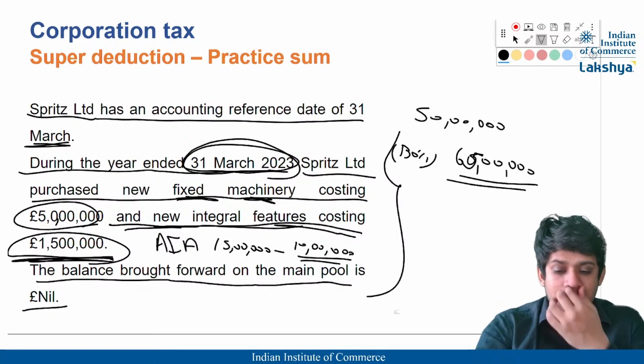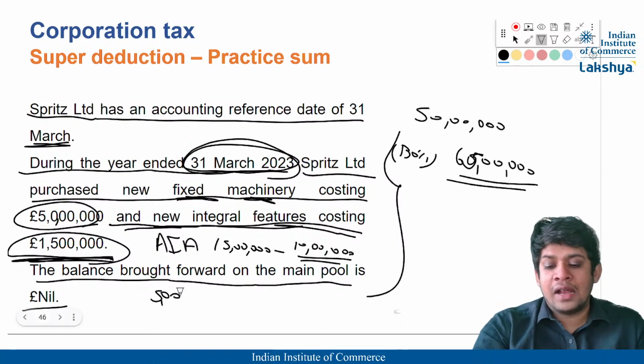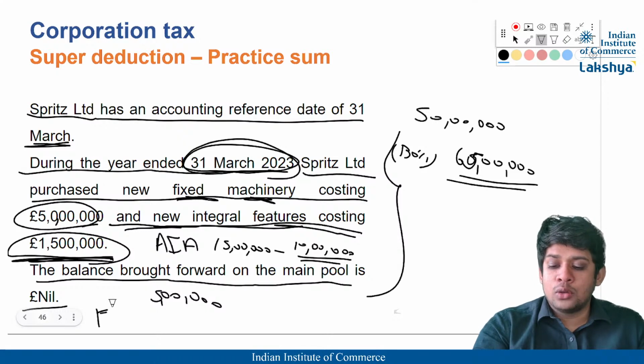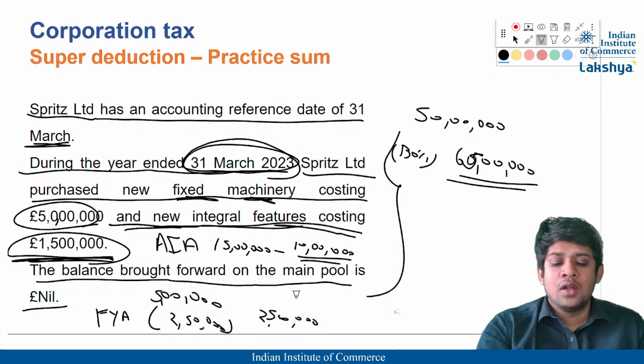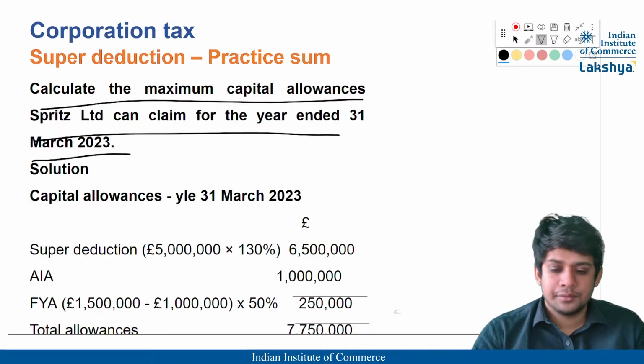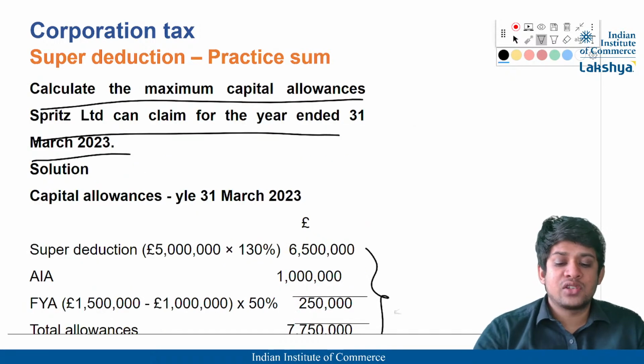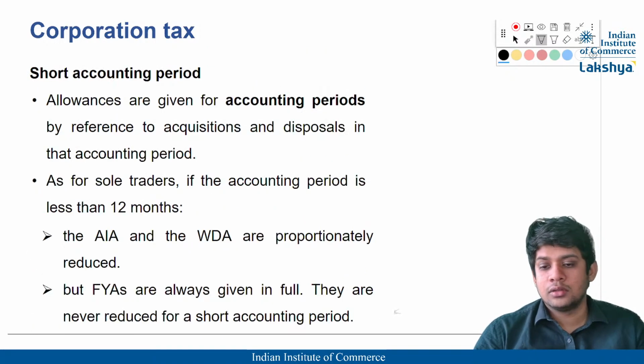So technically only the remainder 5 lakh is there, and you claim FYA on this at 50%. So 2,50,000 is the FYA you can claim and the remaining 2,50,000 will go to your special rate pool. You can see here they've shown the same calculation.